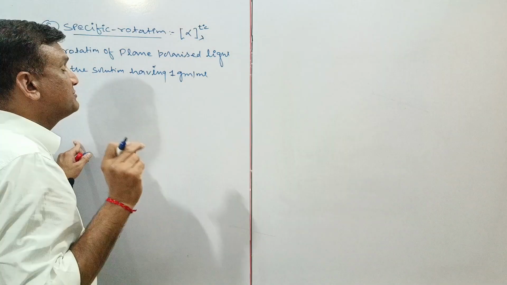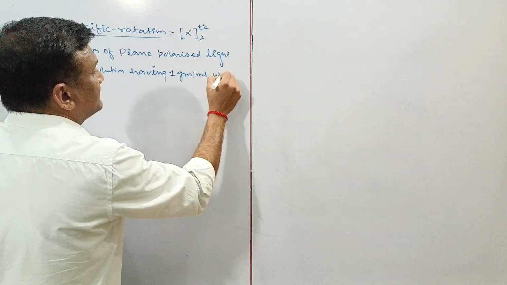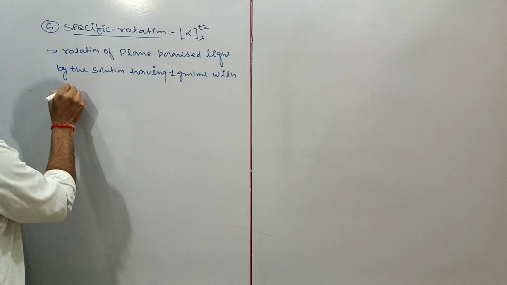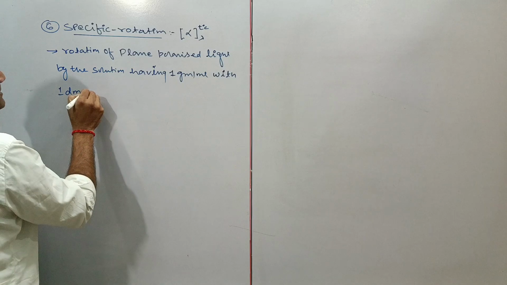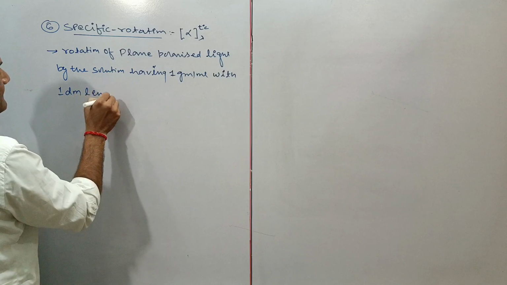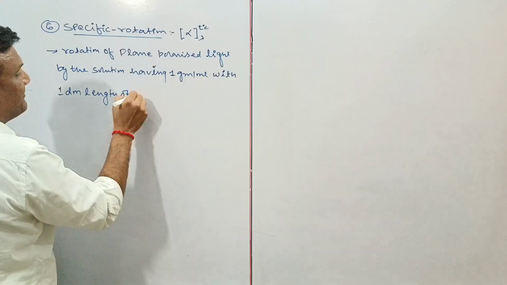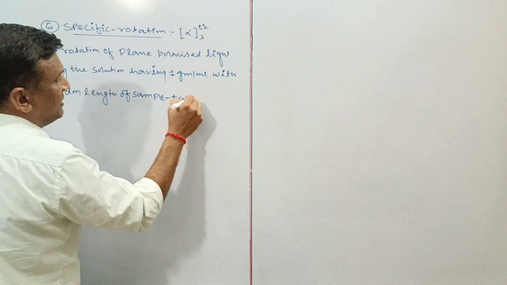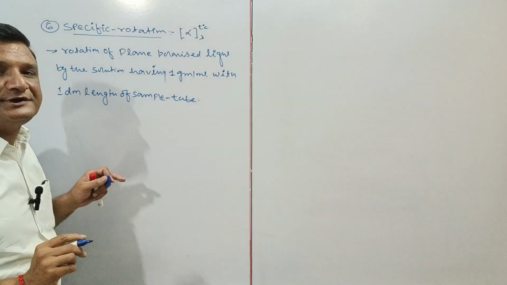This is the most important. 1 dm means decimeter, length of sample tube. This is called as specific rotation.